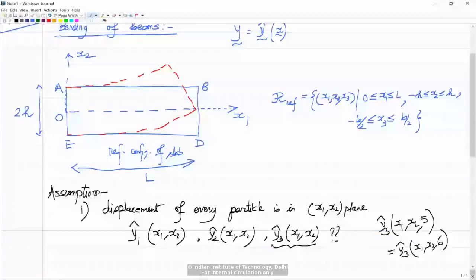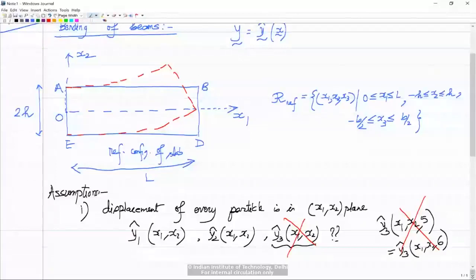Does that look fine to you? I don't think so, isn't it? So this is ruled out, because if you do that, I hope you can see that along the width of the beam, the entire thing just collapses onto a single plane in the x1 x2 plane. But that is not something we want.